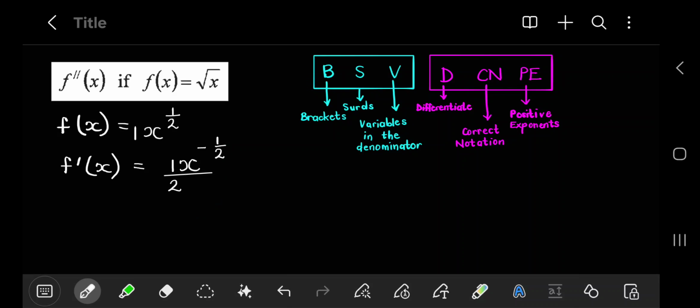So now that I have my first derivative, I'm now going to get the second derivative, which is f double prime x. Now, how do we do this? We take the exponent and we multiply with the coefficient. Now, here's the thing, especially when you have a fraction format. The coefficient of x is not just 1, but instead it's 1 over 2.